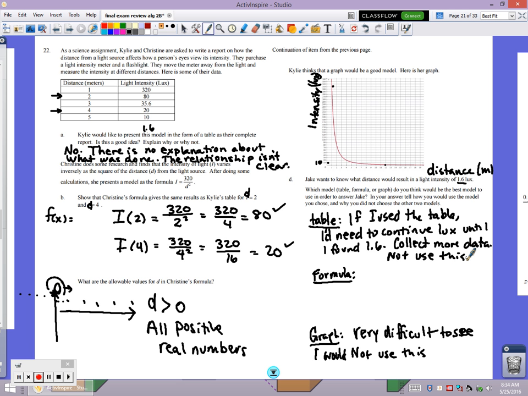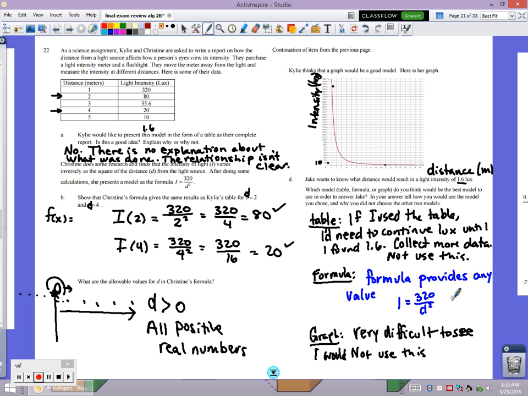I think the most efficient and best option would be to use the formula. So if we use the formula, the formula provides us any value. So if I plugged in, so I have intensity equals 320 over d squared.